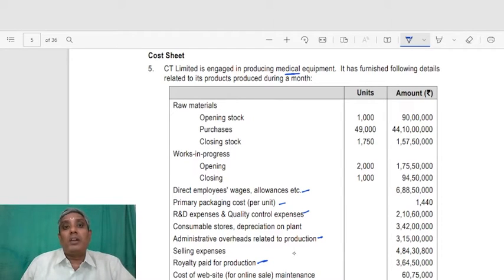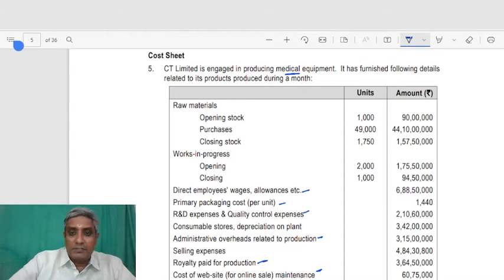Without royalty, you may not be able to produce or provide any kind of service. Royalty is a kind of right. Now, cost of website and online sale maintenance is related to your selling and distribution overhead. Secondary packaging, very true, is also related to selling and distribution overhead.